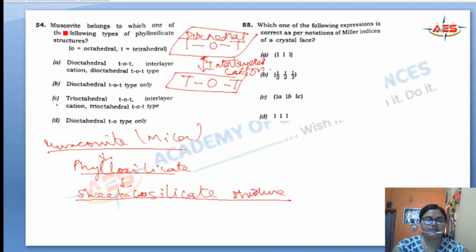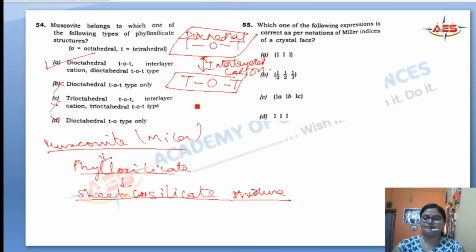Now in this case the options are dioctahedral TOT, interlayered cation, dioctahedral TOT; dioctahedral TOT type only; trioctahedral TOT, interlayered cation, trioctahedral TOT type; or trioctahedral TOT type only. Now what we have is a dioctahedral TOT layer. It is separated from another dioctahedral TOT layer by an interlayered cation. So option A matches, the others are not. Okay, so for 54 option A is correct.